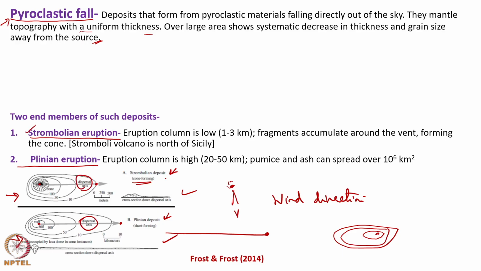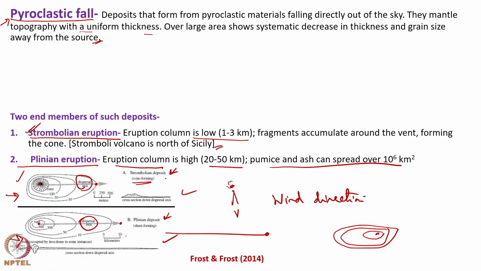In the case of a strombolian eruption, the eruption column is low, 1 to 3 kilometers. Fragments accumulate around the vent, forming the cone. Stromboli volcano is an example, whereas in the Plinian eruption, the eruption column is high and pumice and ash can spread over a long distance. Since the eruption column is high, there is a good chance that it will be affected by a steady flow of air, which might be missing in the case of the strombolian eruption.